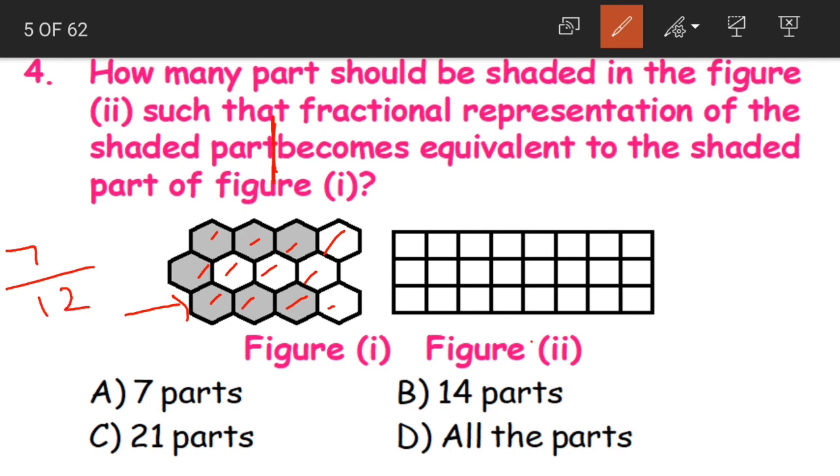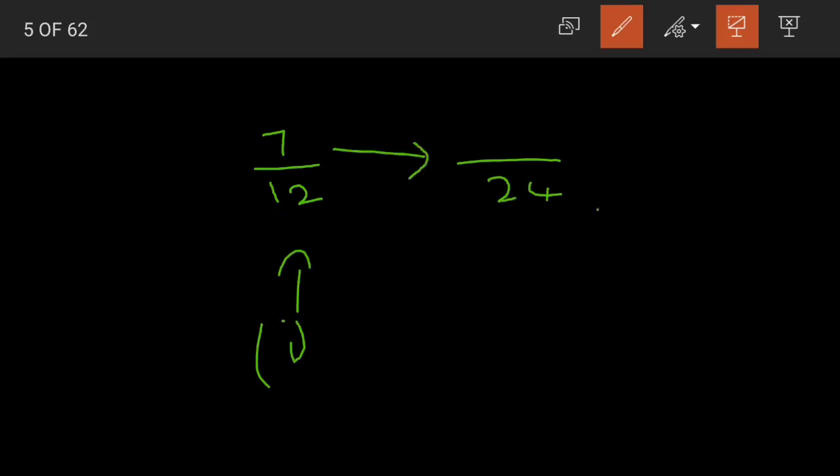Now if you look at figure 2, how many parts is it divided into? 1, 2, 3, 4, 5, 6, 7, 8. 8 into 3 rows. 8 into 3 is equal to 24. In total, figure 2 is divided into 24 parts. 7 by 12 is the fraction for figure 1, and for figure 2 we have to find its equivalent fraction.